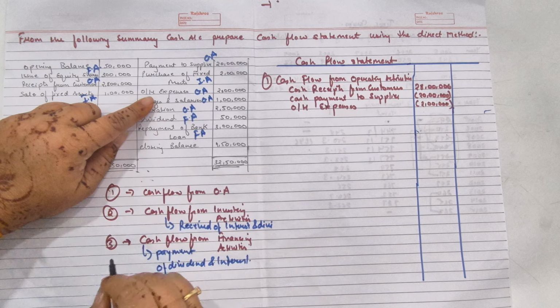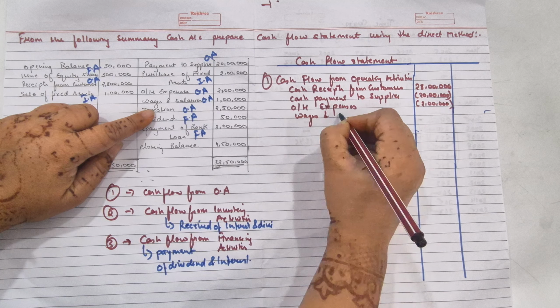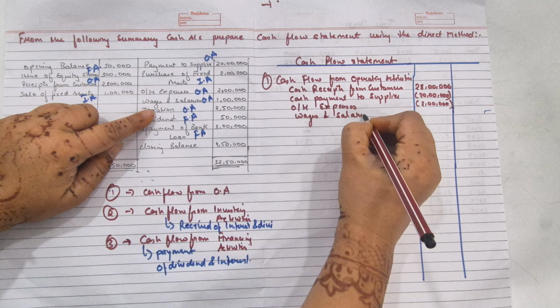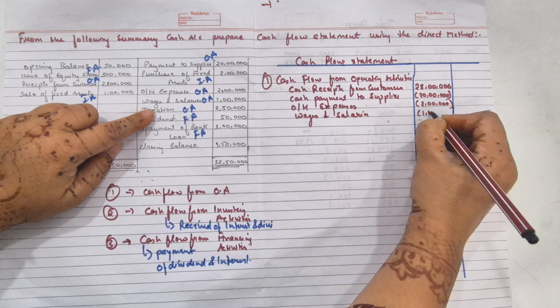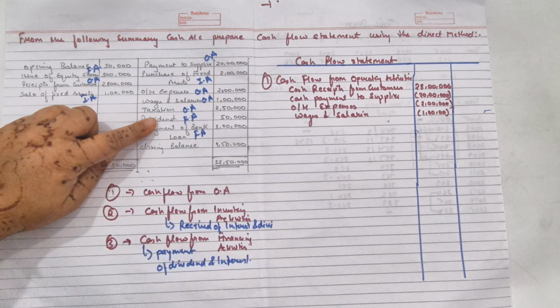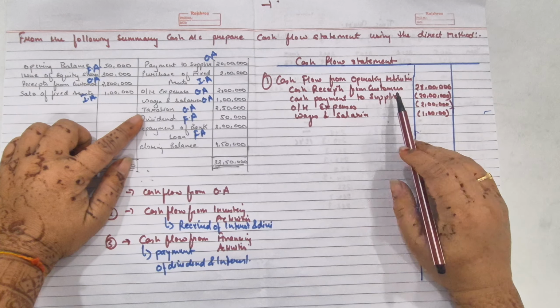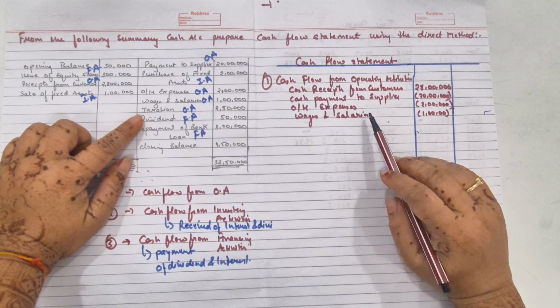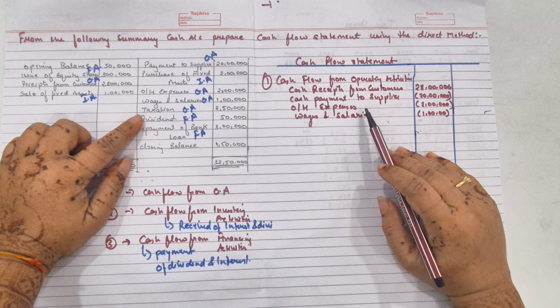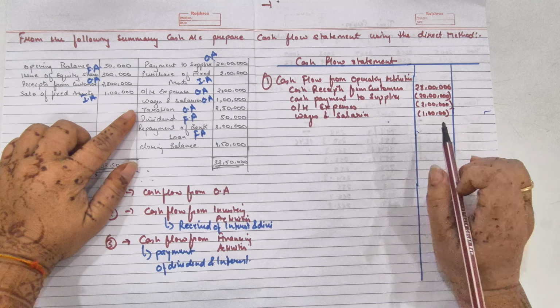Am I right? Then there is wages and salary payment. And taxation would come in the next step. So there is only cash receipt, and then there are three payments: payment to supplier, overhead expenses and wages and salary.